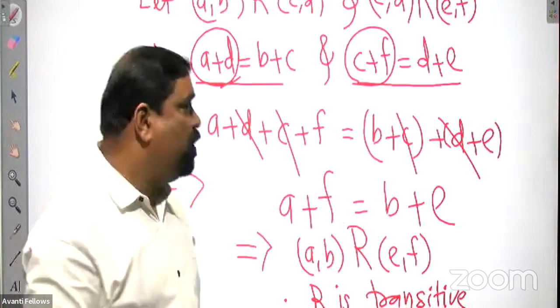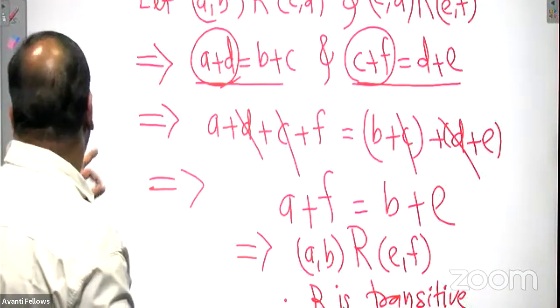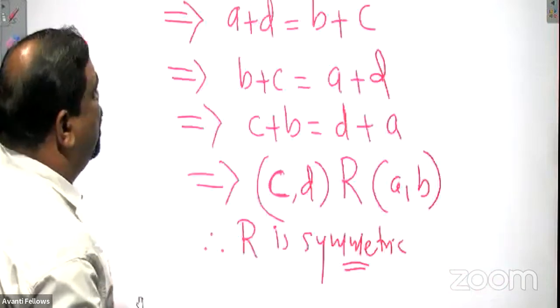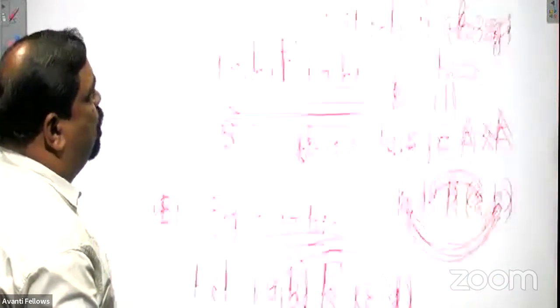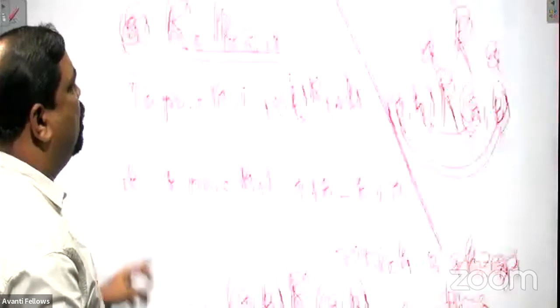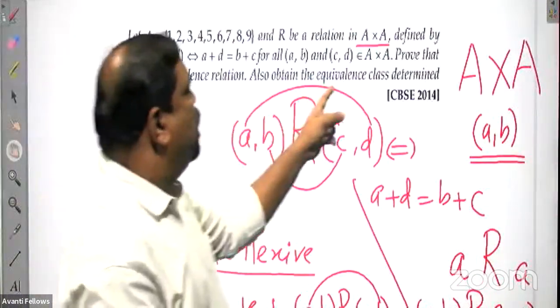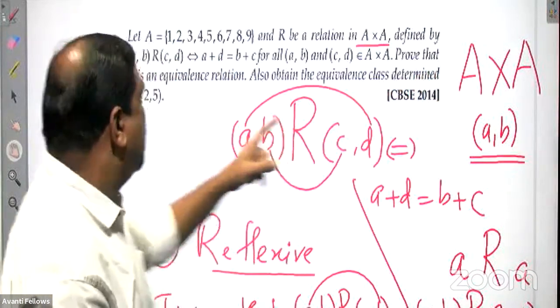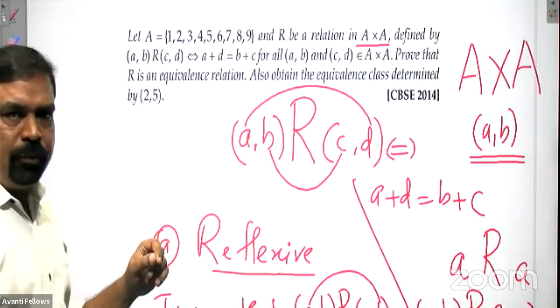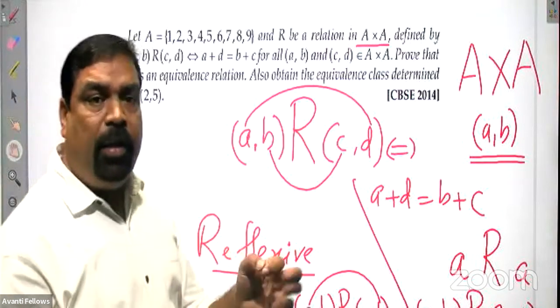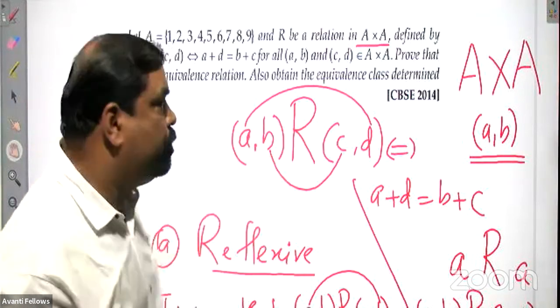Clear? Now there is one more part actually for this. Once you know the relation is equivalence relation, equivalence classes will be formed. So the question also contains, also obtain the equivalence class determined by 2, 5. Okay, means the equivalence class containing the element 2, 5.